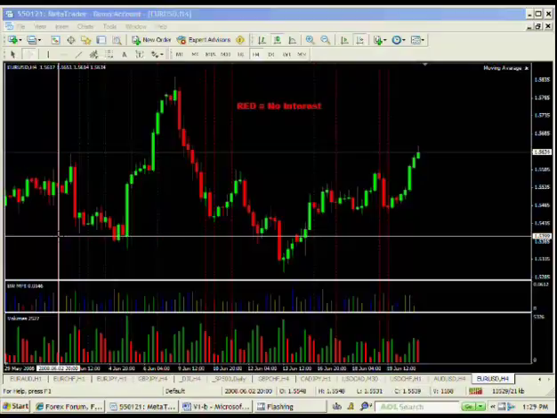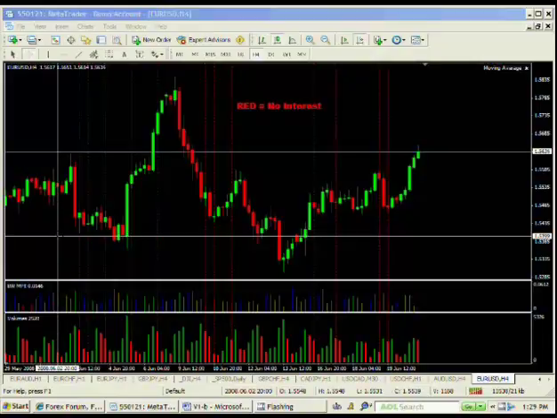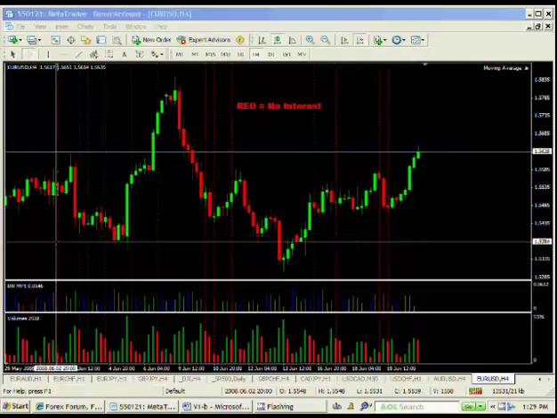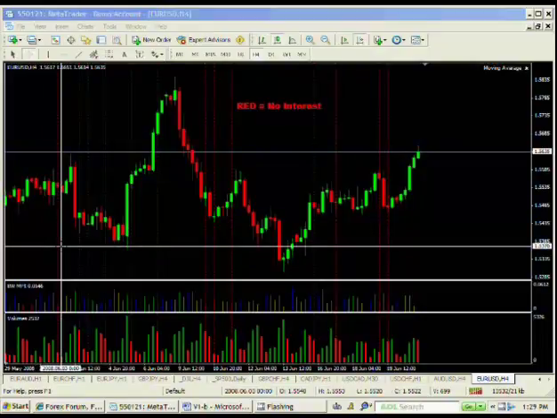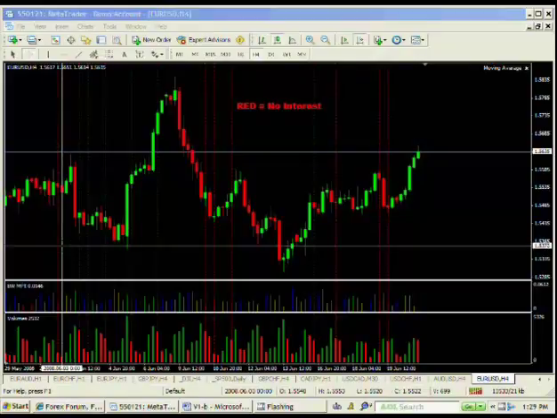That tells us the natural flow is down and the market is going to continue down unless we have intervention. This is one of the reasons why, not always, but a very high percentage of the time, after a red bar on the MFI you will see a blue bar, because that blue bar represents the operators coming into the market.